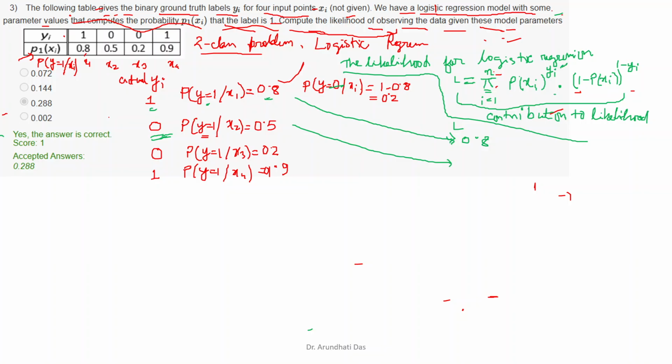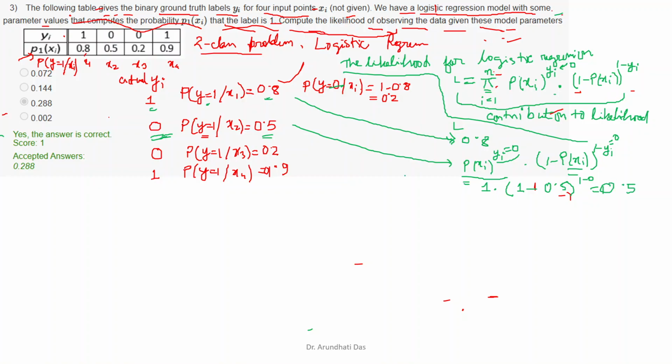If I substitute 0 in place of y, then p(xi) raised to yi has a power of 0, so this entire term becomes 1. In the rest of the term, 1 minus the probability, where the probability is 0.5, I will be writing 0.5 raised to 1 minus 0, which is ultimately 0.5.